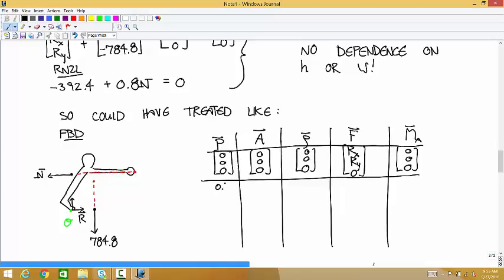Yeah, 0.5 and then zeros. The about point is still 0. The row vector is 0.5, 0, 0. The weight is 0, negative 784.8, 0. The moment is 0, 0, negative 392.4.